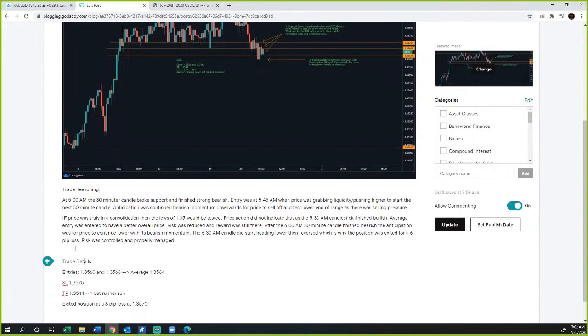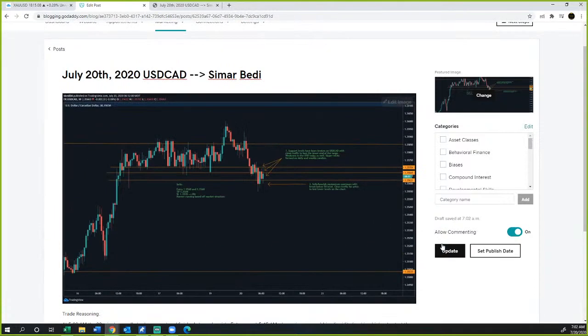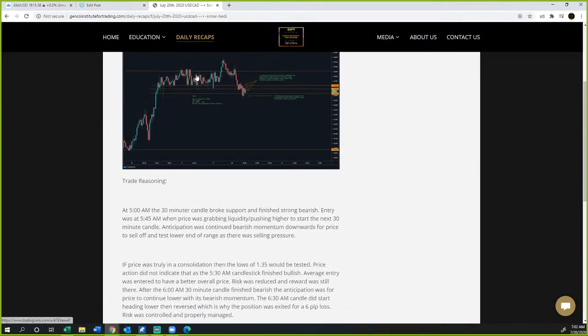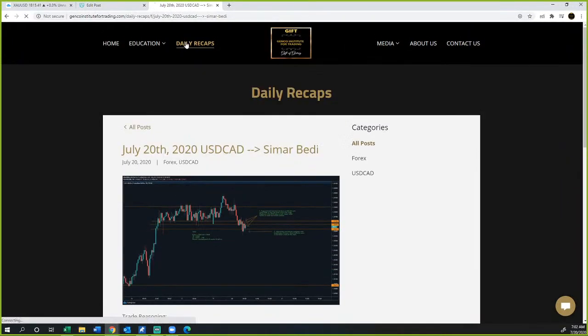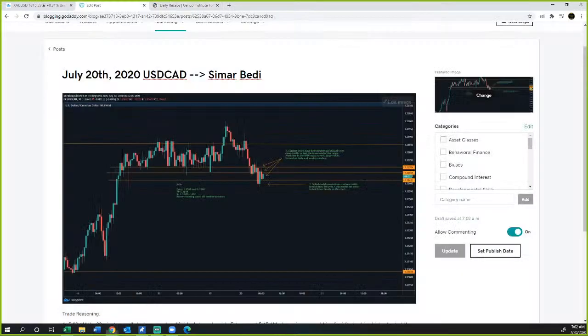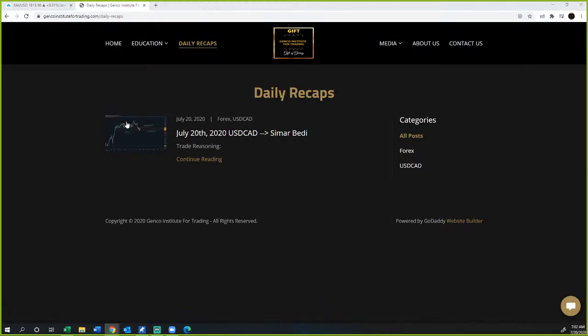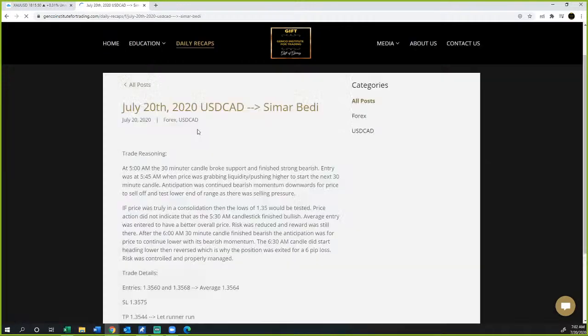For me, my format is I like to include, since I've been practicing on TradingView, I think I'm gonna do 5, 15, 30, and 1 hour, just so people can see, because different time frames show you different things. You could add multiple pictures, right?